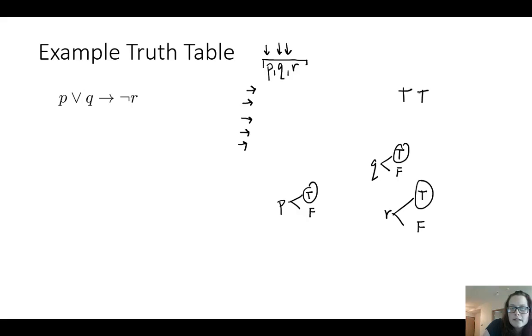That's one possibility. You could build a little tree for this if you wanted. True, true, false, false, false, false, true, true, true, false, false, false, false, true.